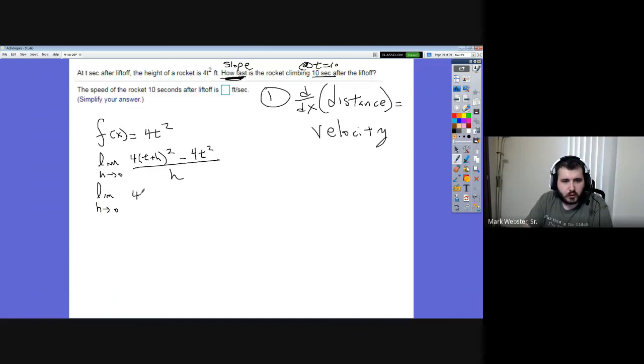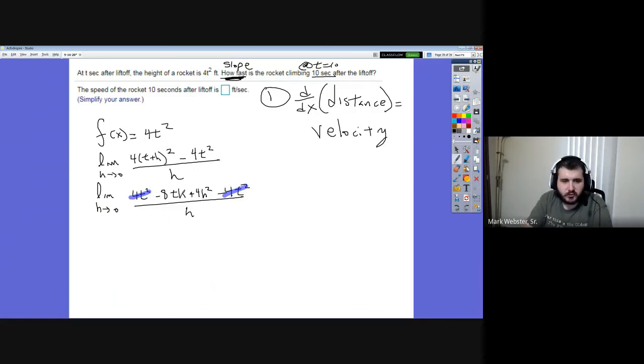So we got 4t squared minus 8th plus 4h squared minus 4t squared all over h. And again, look, the 4t squared and the negative 4t squared, we want them to cancel out. They're supposed to cancel out. That's what they're meant to do. That's the purpose of doing this.